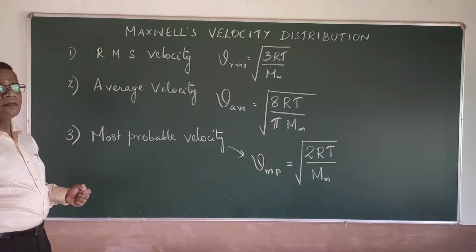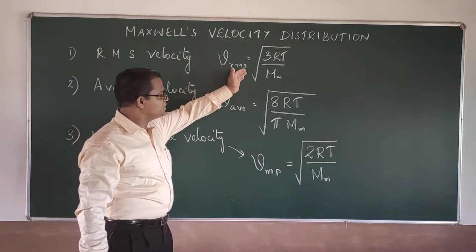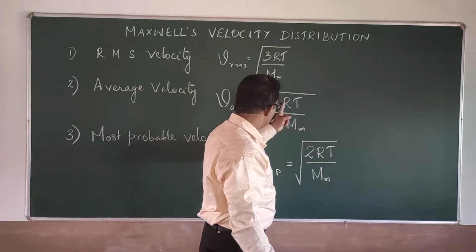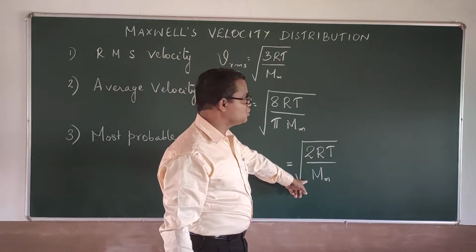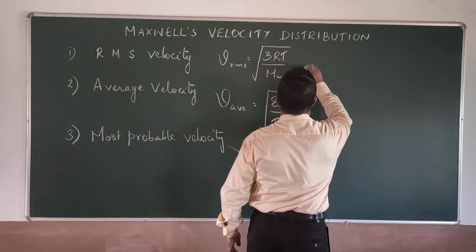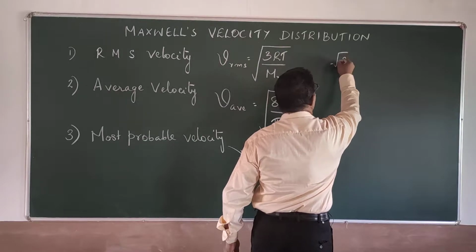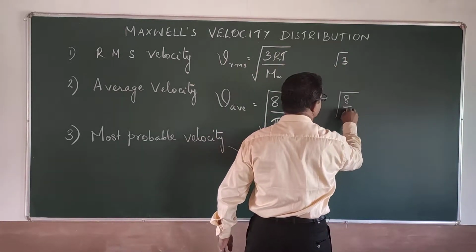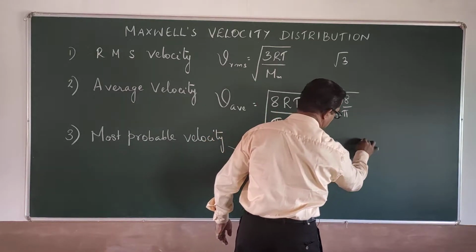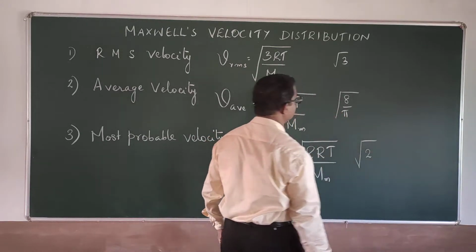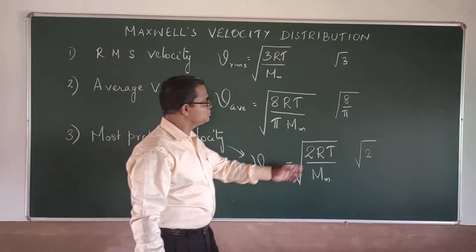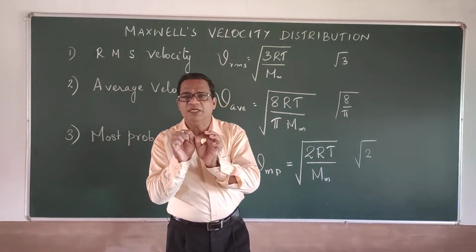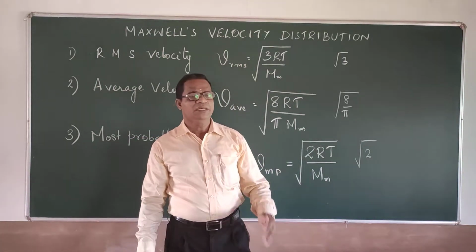Now the values of these three are found to be very close to each other, since all this RT by molar mass is common, and therefore here it is root 3 coming, here it is root of 8 by pi, and here it is root of 2. So if you find the values, they are very close to each other, so it comes as a kind of distribution in graph form.